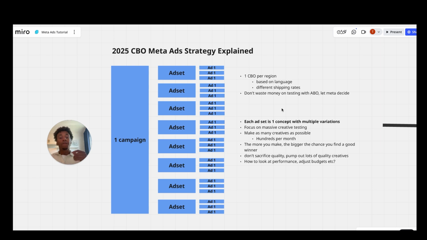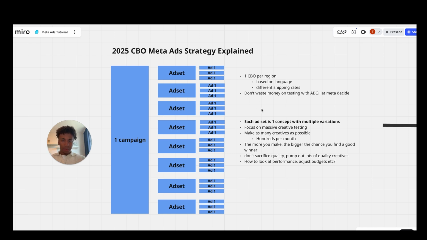So instead of you forcing ad spend to a certain ad, so let's say you're forcing, I need to spend at least 3 times my AOV on this ad set, and you're forcing 150 euros of ad spend on this ad, Meta can probably already say with a couple euros, and then it will limit itself and spend on other better performing ads. So that's one thing, how you can really let Meta decide and not waste a lot of money on testing. That's why this method works so well.